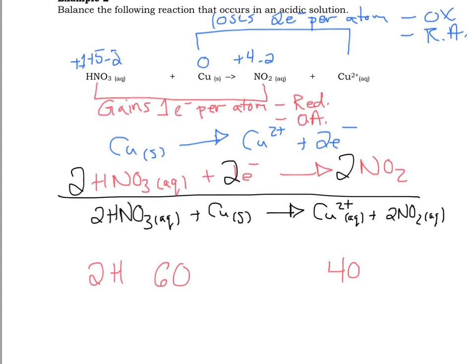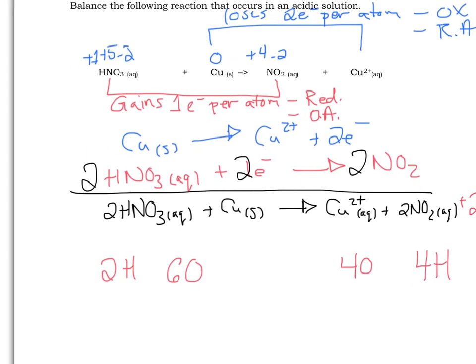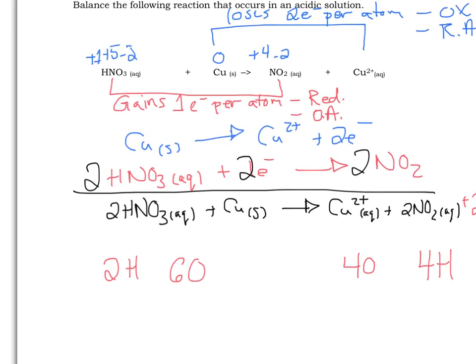We're 2 oxygens short on the product side, so we'll have need of 2 waters, which will then mean that we now have 4 hydrogens along with our 6 oxygens on the product side, which we can balance off by adding 2 hydrogen ions.